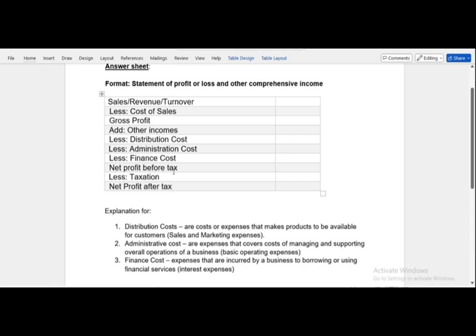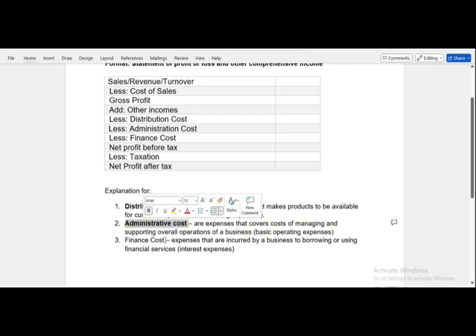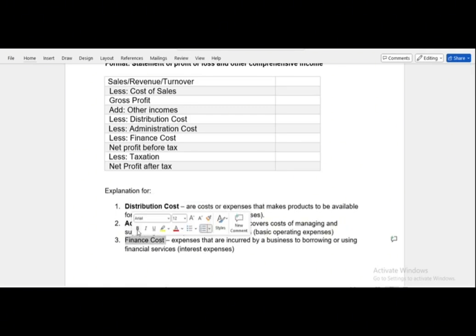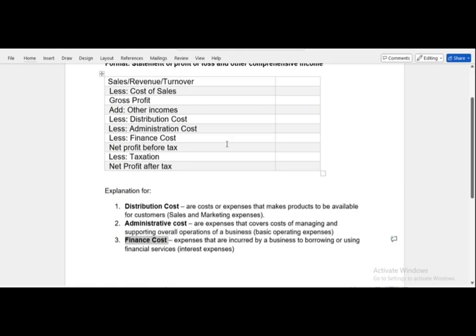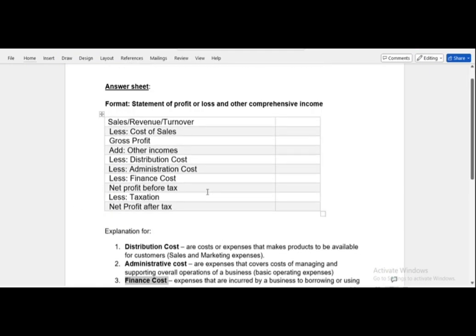with some better explanations for distribution cost, admin costs, and finance cost. Right? I hope this will help you to prepare for any test when you are going to write on this topic. And please don't forget to master the format first.